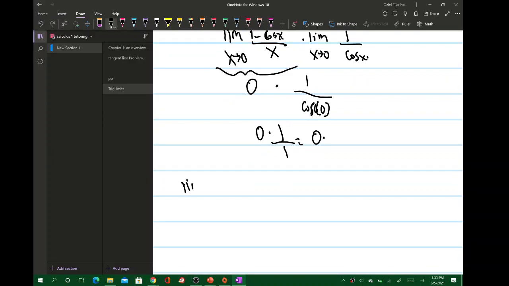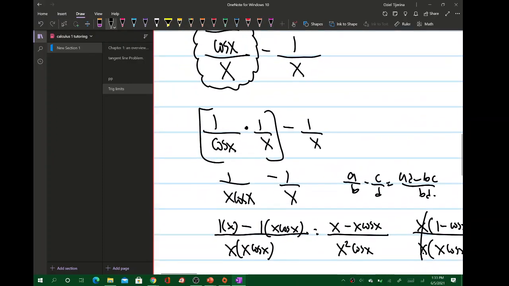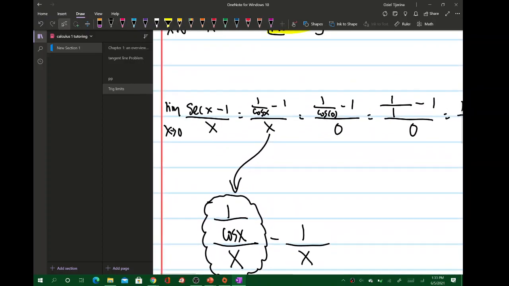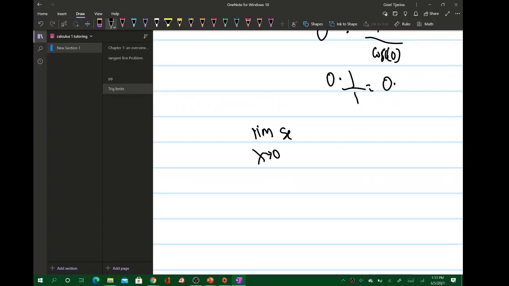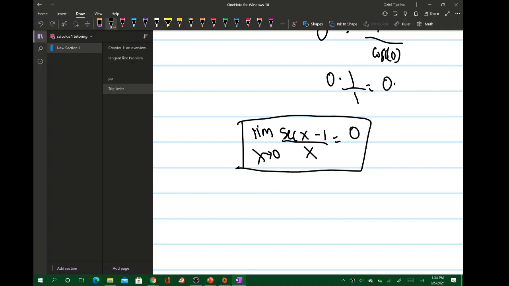So the limit as x approaches 0 of secant x minus 1 all over x is equal to 0. Okay.